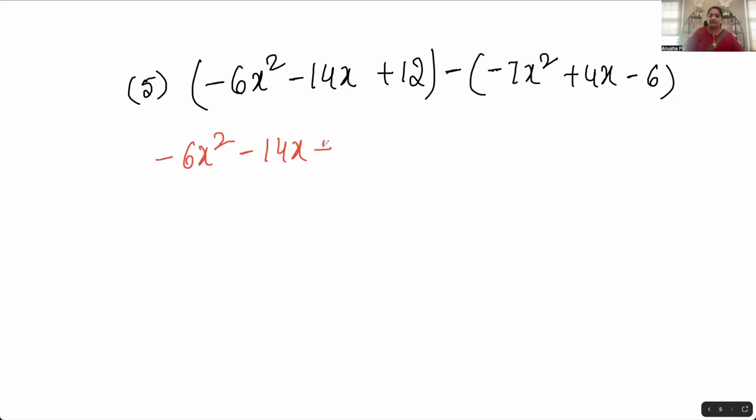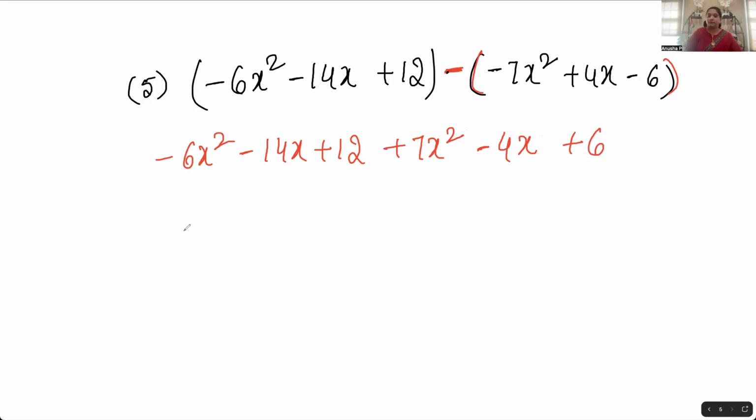We are writing it as it is, because the minus is before the parenthesis of the second polynomial. So we have to switch the signs of each and every term of the polynomial. Minus 7x square will become positive 7x square. Positive 4x, switching the sign means it will become minus 4x. Minus 6 will become positive 6.